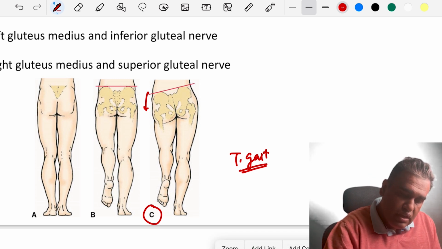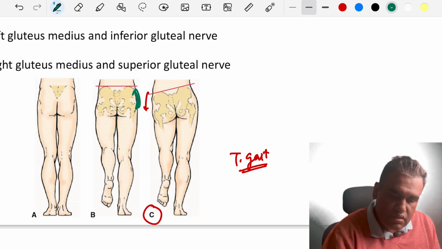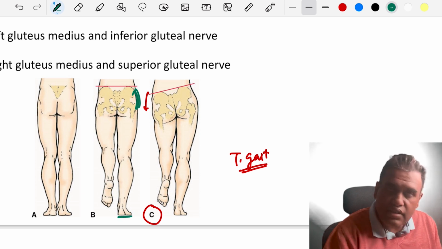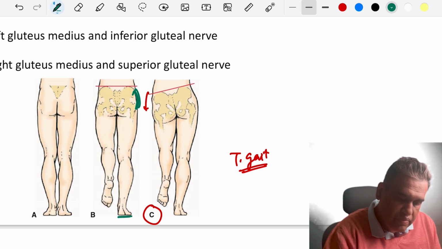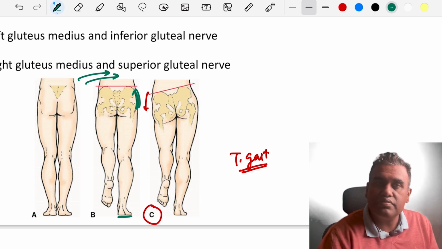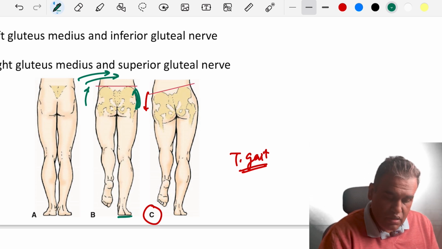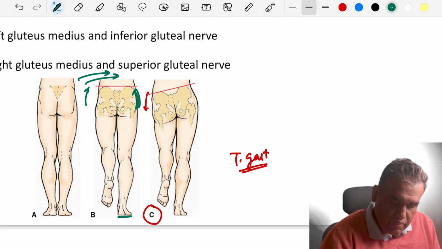Now see what happens. We have muscles known as the gluteus medius and minimus. They are the abductors. So when the right foot is on the ground, the right side gluteus medius contracts and pulls the pelvis on this side like this. So they lift the left side of the pelvis. Now that is normal.